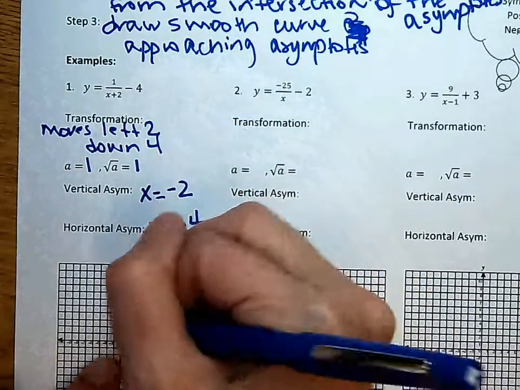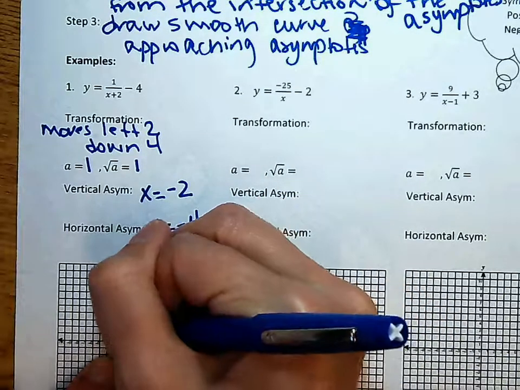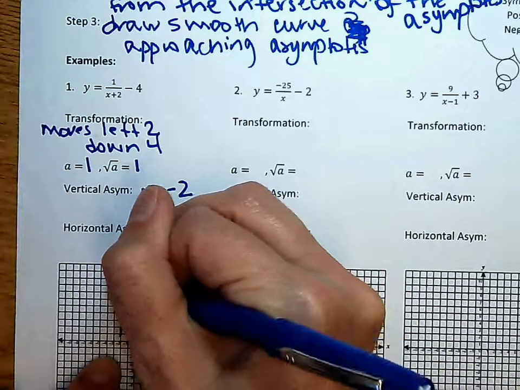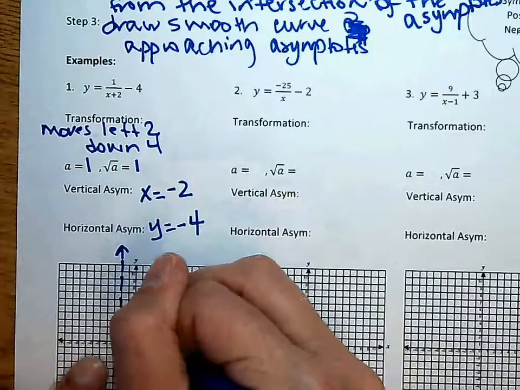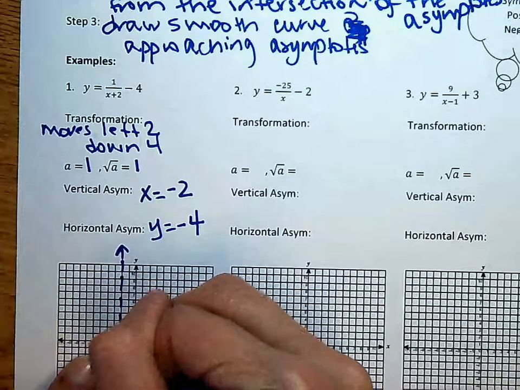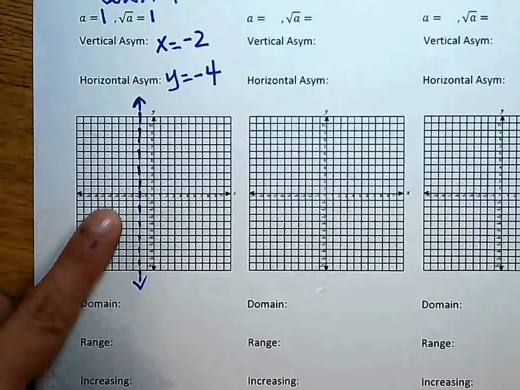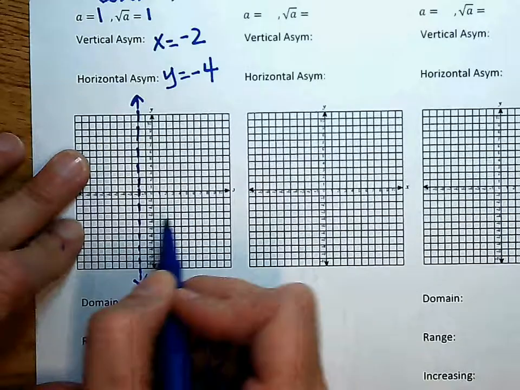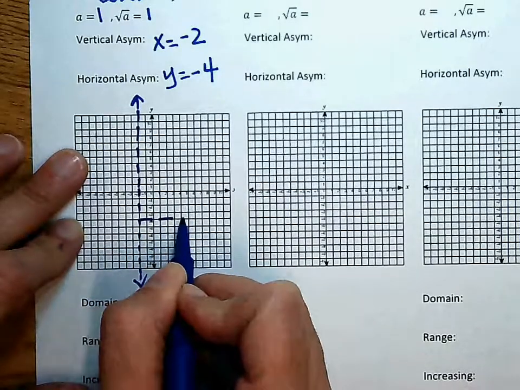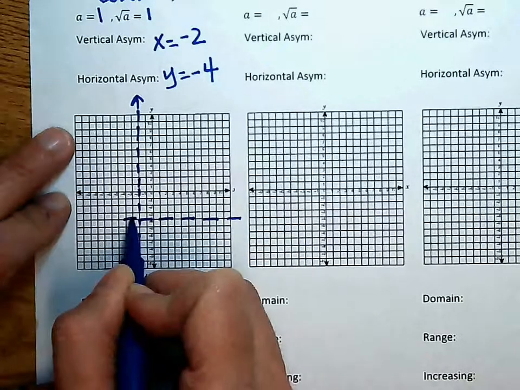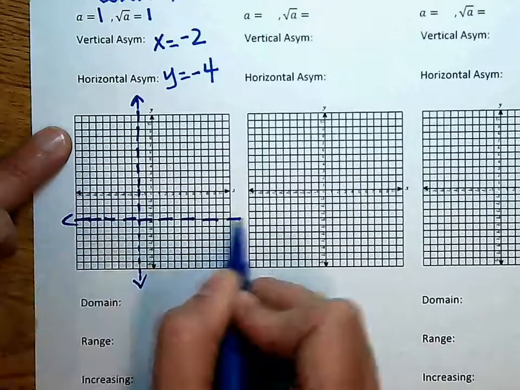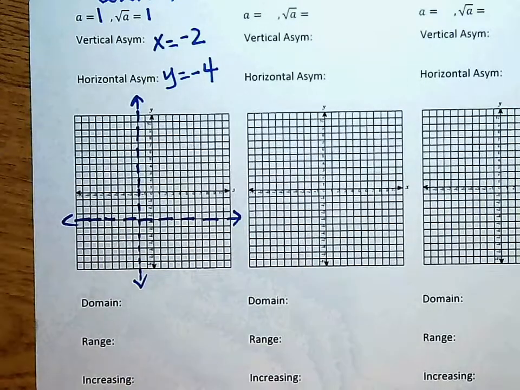It should have been at x equals negative 2. That's one asymptote. And then your other one is down at y equals negative 4. Okay. So now, look here.